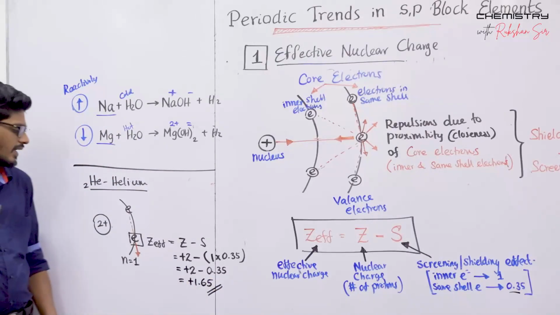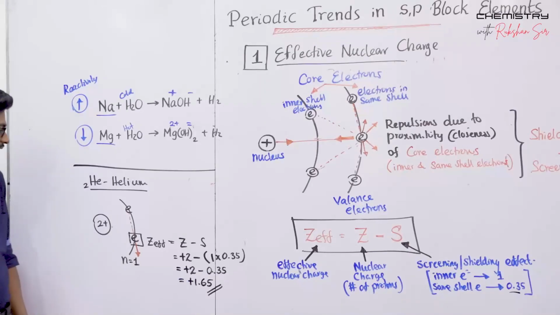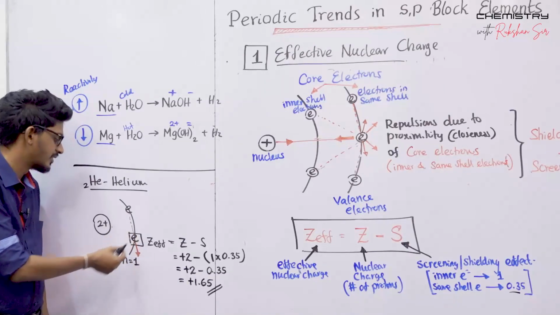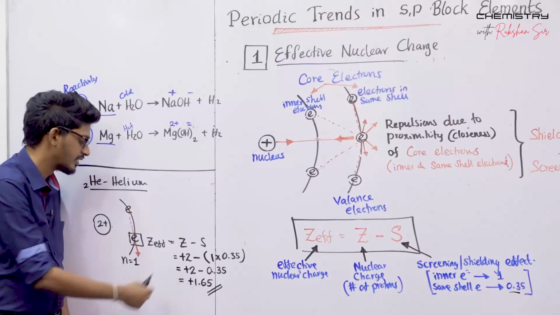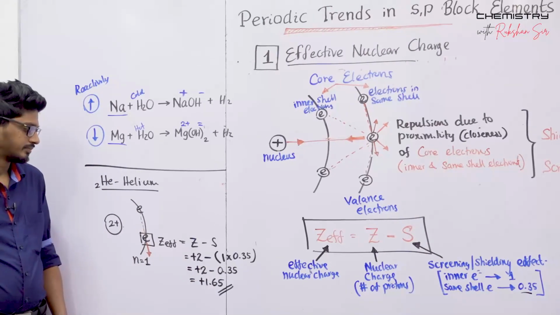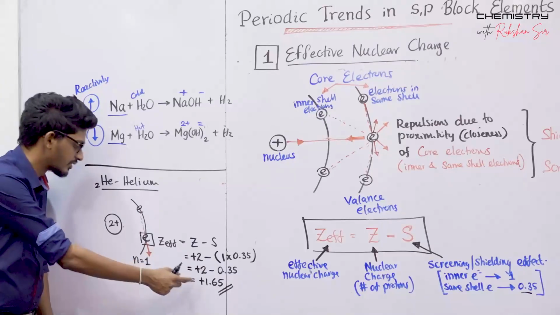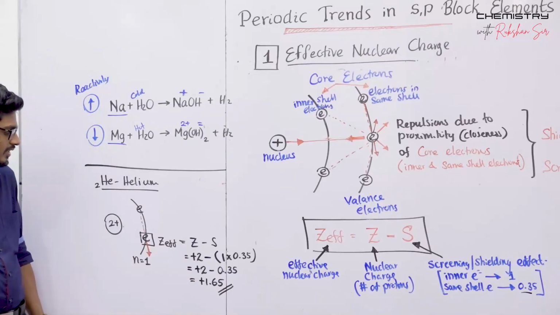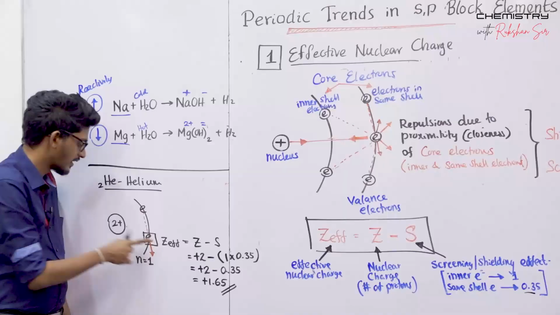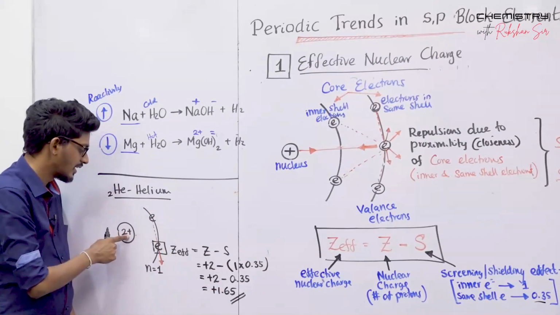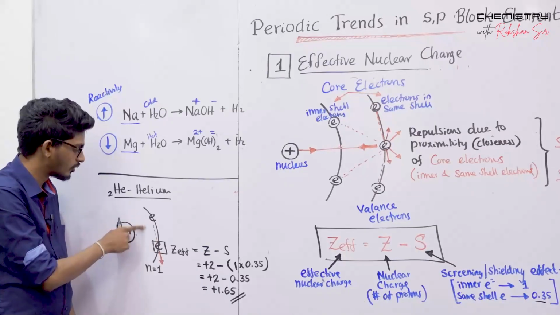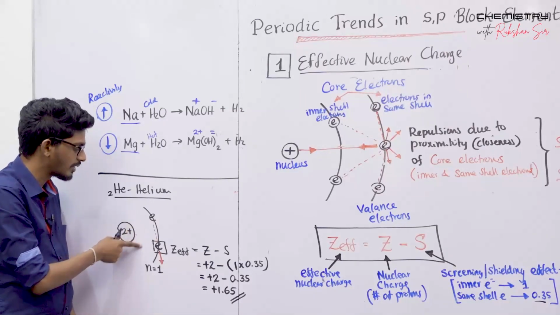That is the effective nuclear charge of a valence electron in helium. So you clearly see the effective charge is less than the nuclear charge of helium, even though the inner shell electrons are not appearing.